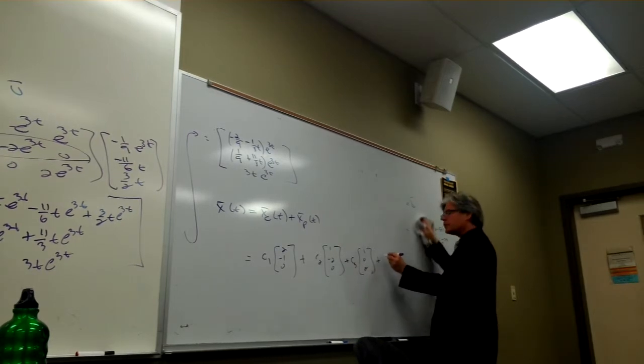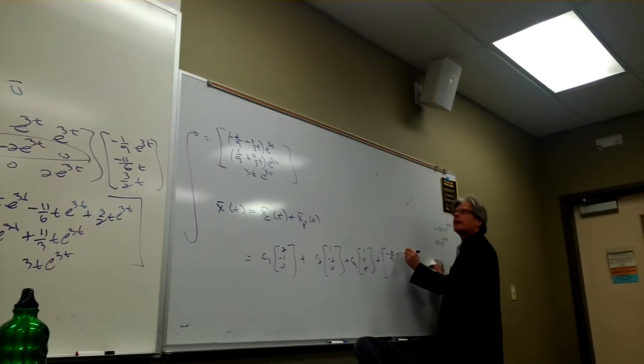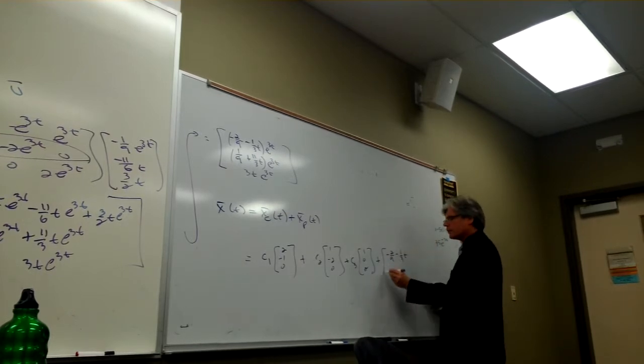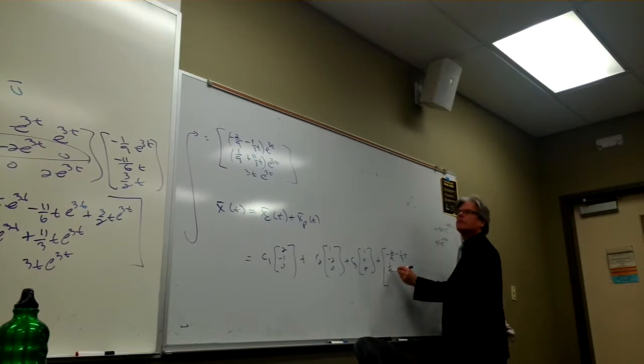And finally, plus my negative 2/9 minus 1/3 t, 1/9 plus 11 thirds t, and finally a 3t.